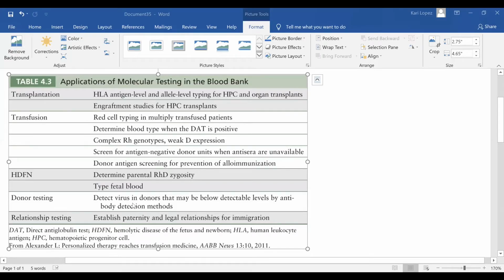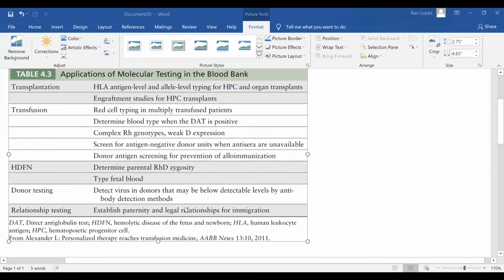Now, donor testing: you detect the virus in the donors that may be below detectable levels by antibody detection methods. That's a really awesome application, that they can see even single multiples of the DNA for the virus.